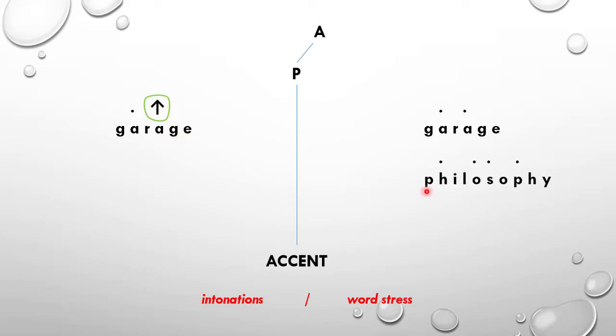Another example, philosophy. Four syllables. Now let's look at a more attractive way of pronouncing this. What we'll do is we will change the phonetic tone from the PH to an F. And then with the second syllable, the O, it's not a full word stress increase, it's merely a half an increase just to denote a change in intonation.